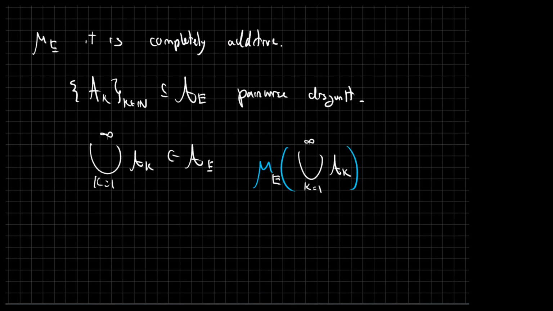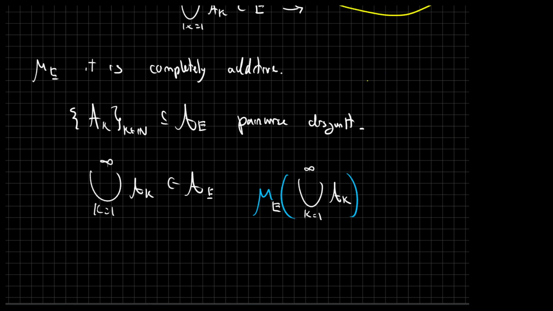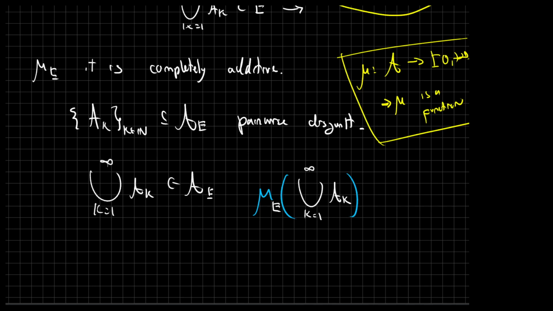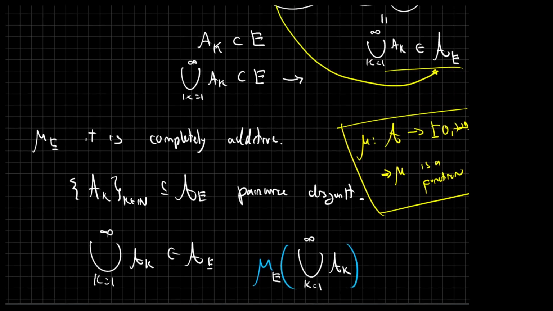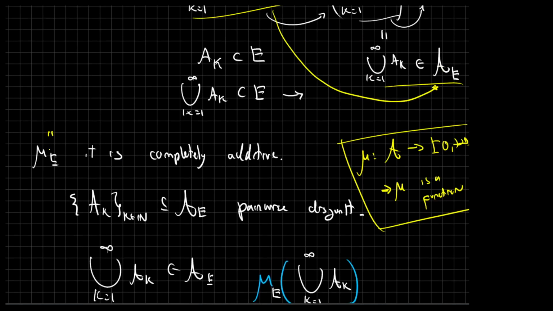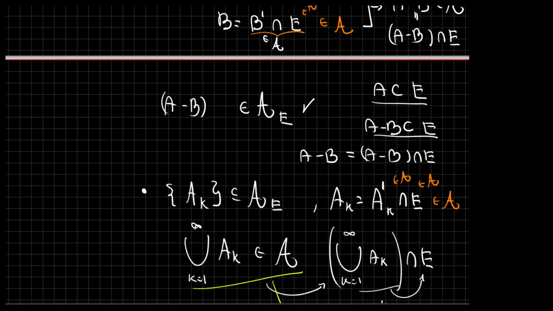But in general, any association that you make from some algebra to here won't necessarily be a function. So this is something that you need to check. For this case, this is trivially true because this association is the restriction of a function to some subset of its domain. So it is a function. We don't need to check that.